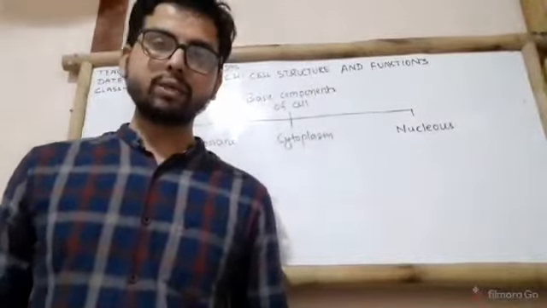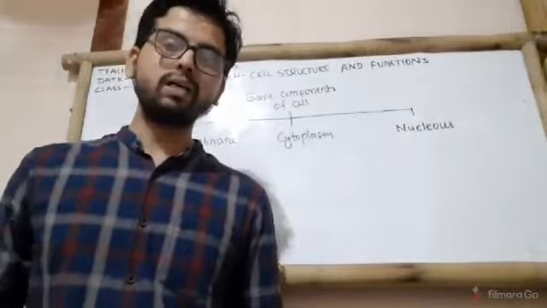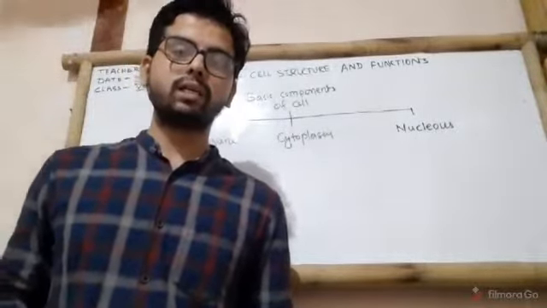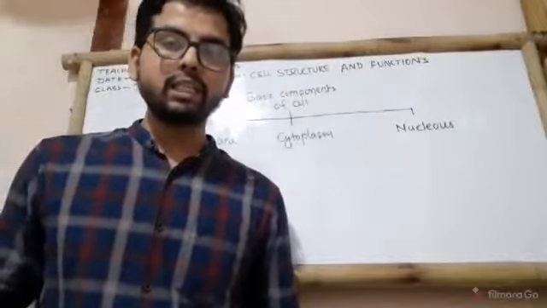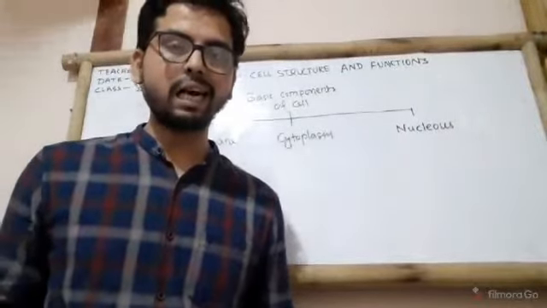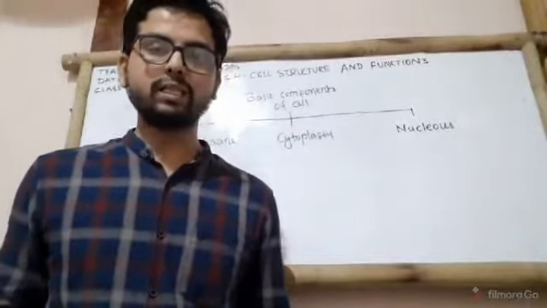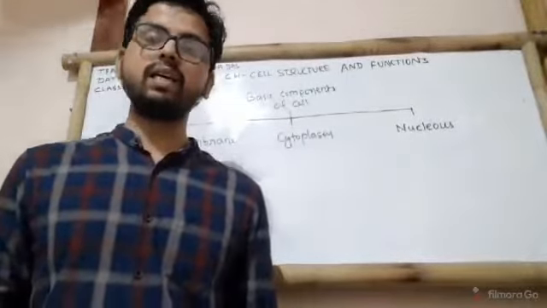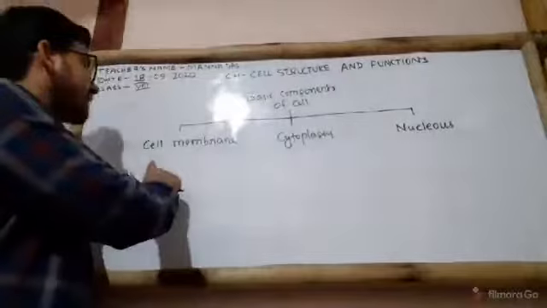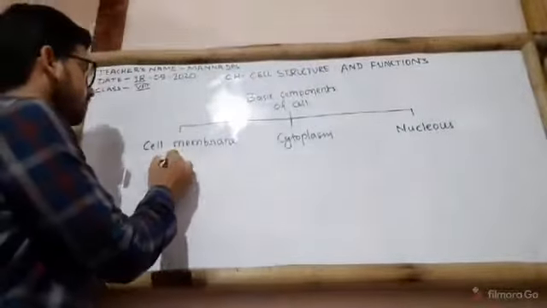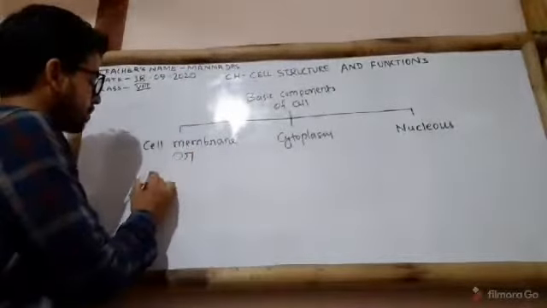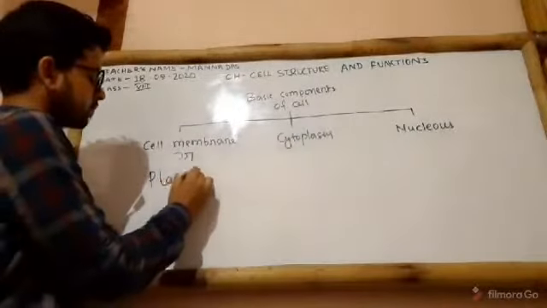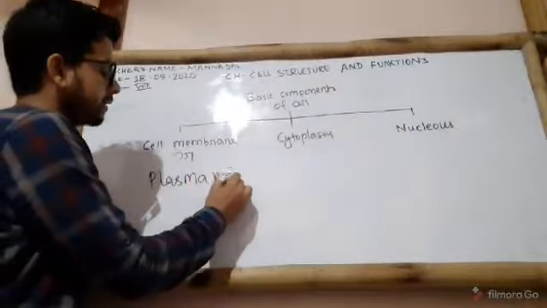It also protects the cells from the surrounding medium. It is porous and allows substances to move in and out of the cells. Another name of the cell membrane is plasma membrane.